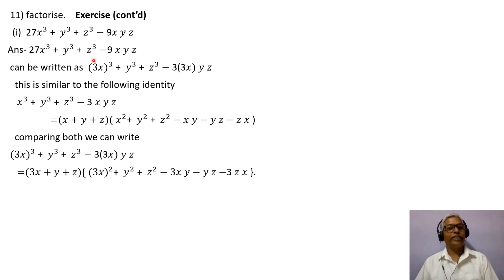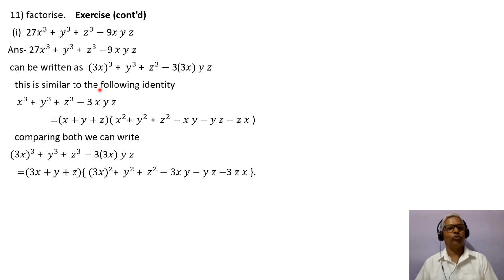Now this can be written as (3x) cube plus y cube plus z cube minus 3 into 3x into yz. So I am splitting this 9 as 3 into 3, and yz. Now we can compare this.